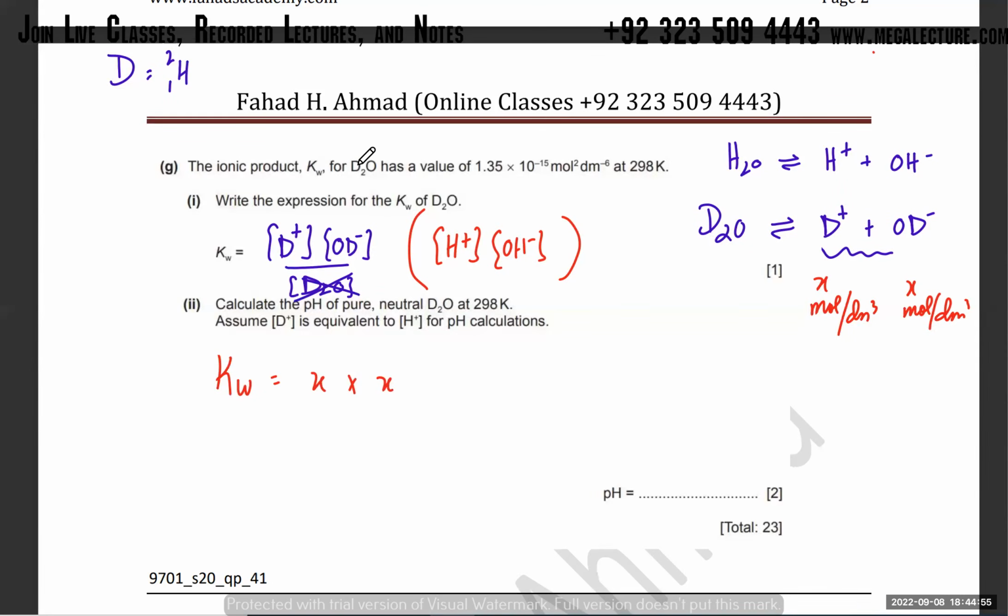They've given me the Kw value for this thing. That's 1.35 times 10 power minus 15, right? Using this, what I get is X squared equals 1.35 times 10 power minus 15, and I would have to under root this to remove the square. So what do I get when I under root this?